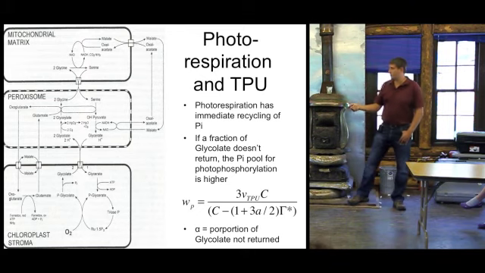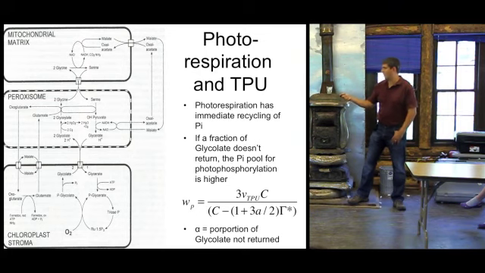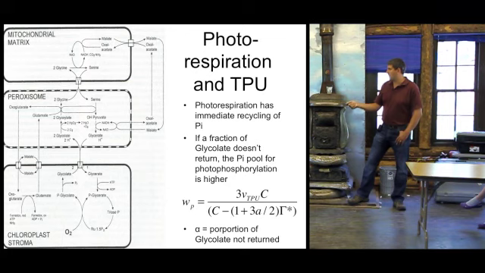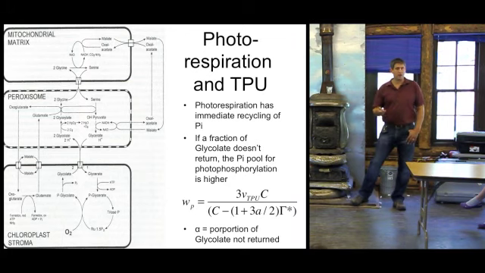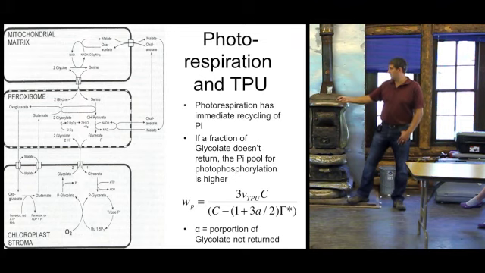As photorespiration goes down, there's less of this surplus of inorganic phosphate. So this model basically accounts for this term, alpha, which is the proportion of glycolate not returned. As photorespiration goes down, this alpha goes down, and you end up seeing a drop in photosynthesis.